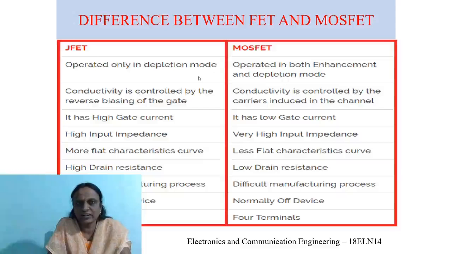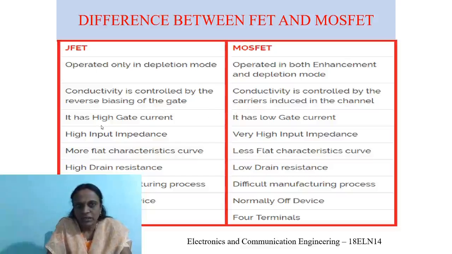First, JFET is operated only in depletion mode, whereas we just saw that MOSFET can be operated in both enhancement and depletion mode, depending on the type of operation. Second, the conductivity in JFET is controlled by the reverse biasing of the gate, whereas in MOSFET the conductivity is controlled by the carriers induced in the channel.